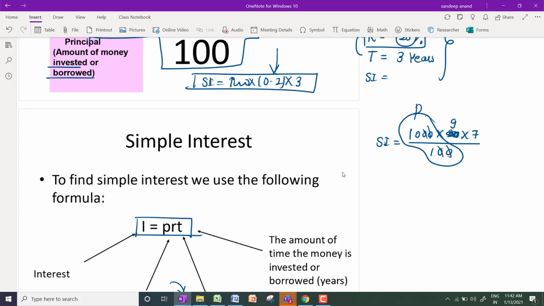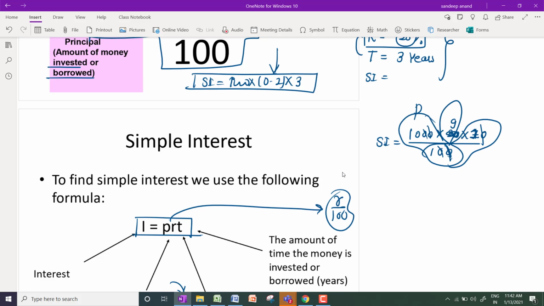With the other formula, you only have the option of dividing R by 100. Suppose T is 10, you can relate the 100 with 10 also, cancelling the zero. So you have a choice in calculation: you can relate your 100 with either P, R or T to make your calculation simpler.